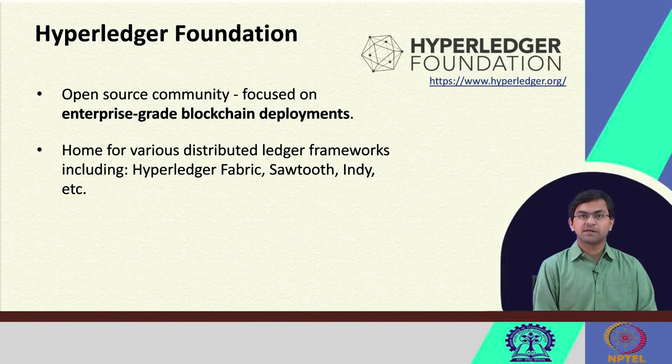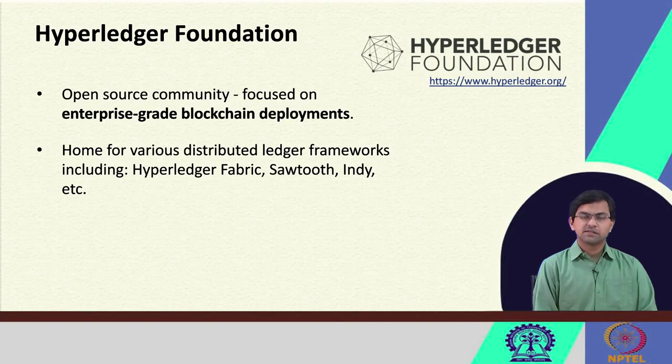So unlike permissionless blockchain platforms, which are for example Ethereum and Bitcoin, these permissioned blockchains are suitable for more enterprise use cases, where the number of participants are very closely collaborating with each other, and they form a consortium.